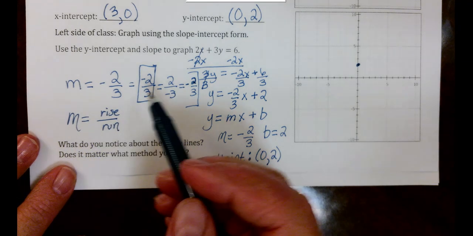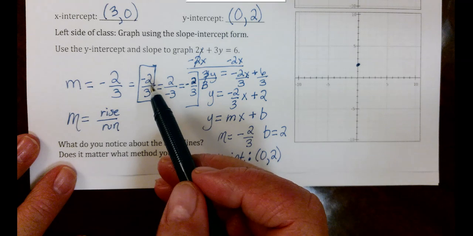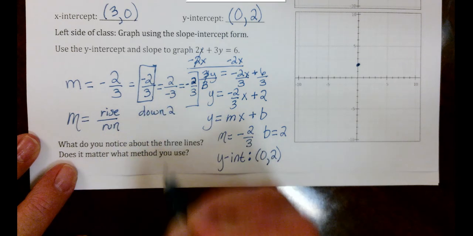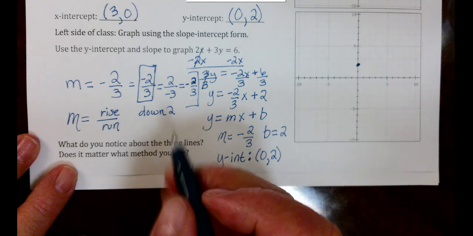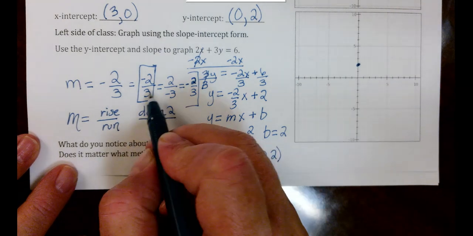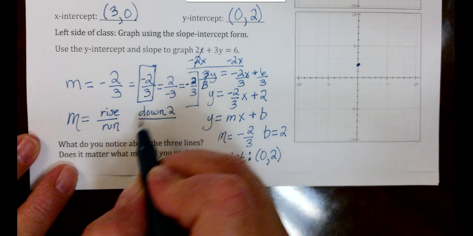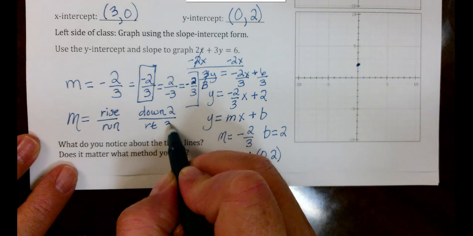Here, instead of going up, our negative will tell us to go down 2. If I choose to put the negative on the top, then I will think of this as a positive 3. So I'm going to run to the right 3.